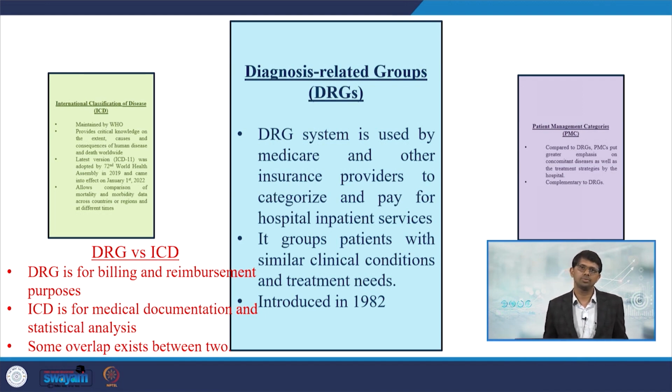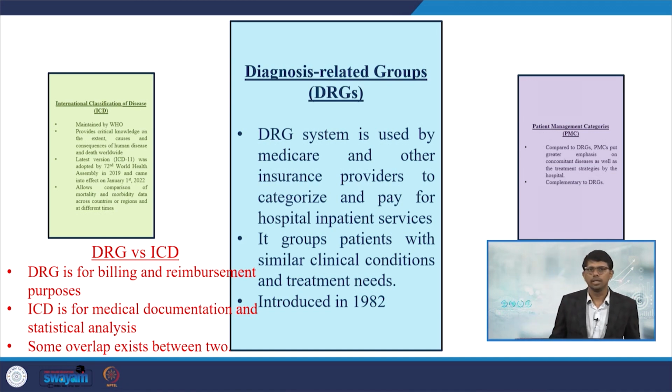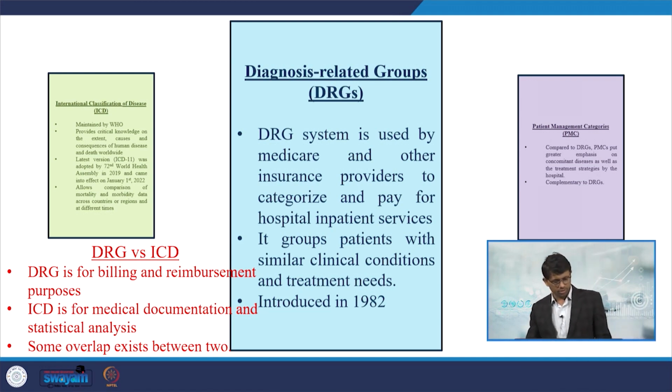It groups patients with similar clinical conditions and treatment needs, and was introduced in 1982. So we can compare DRG versus ICD: DRG is for billing and reimbursement, while ICD is for medical documentation and statistical analysis. There is some overlap between these two.